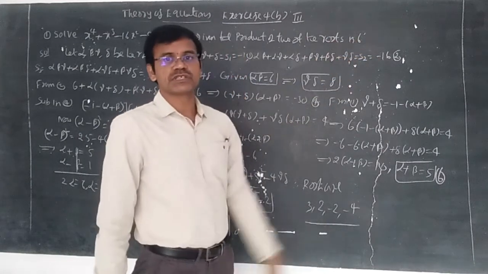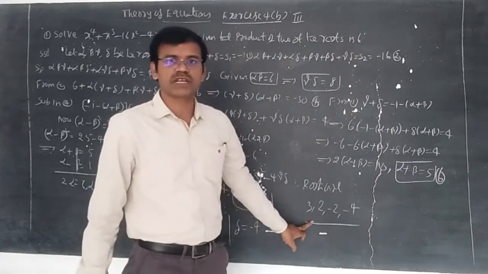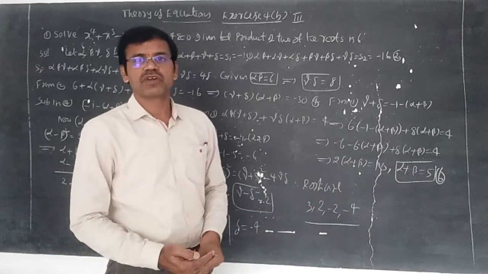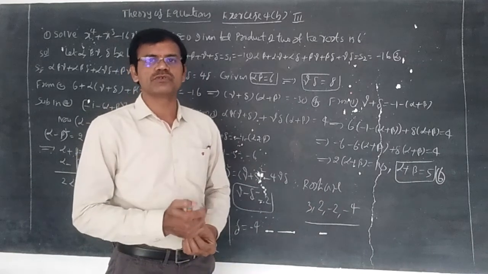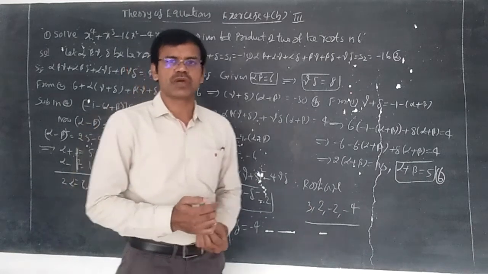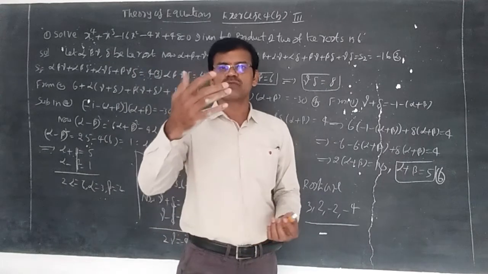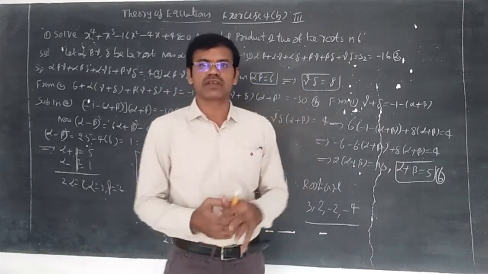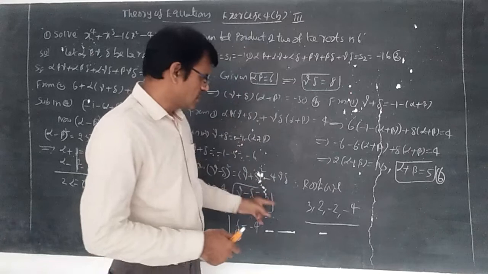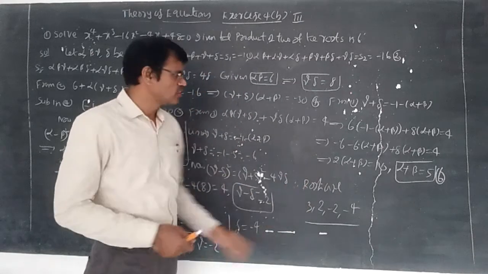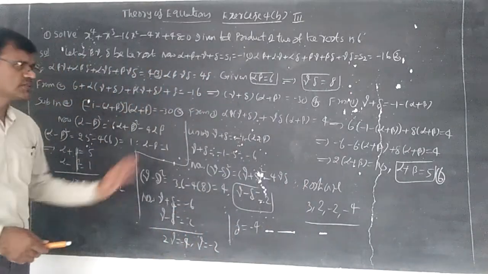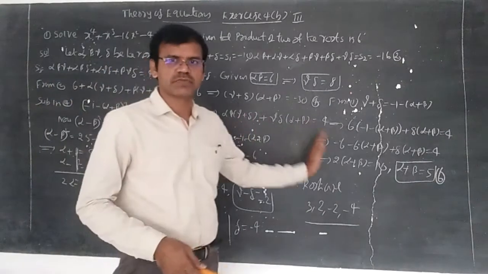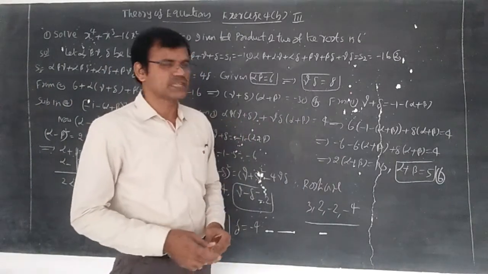Whenever product of 2 roots is given, whenever f of 2 satisfies, f of 3 satisfies. Then you can prepare a quadratic equation using the roots 2 and 3, x square minus 5x plus 6, and using the quadratic equation and biquadratic equation by the synthetic division method, automatically you can get the two values. But this is a method, you should learn this method also. In examples, I said shortcut method.